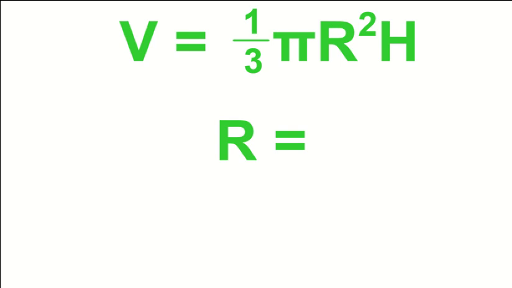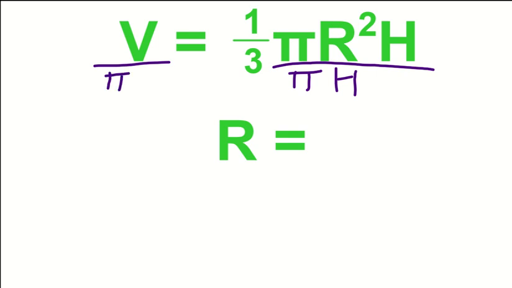All right, so everything else is being multiplied, right? So since everything's being multiplied, we're dividing by all the other stuff. We're going to do the easy parts first, or what I think is the easier parts. The pi and the height, okay? So if I divide by pi and the height, I divide by pi and the height. Cancels, cancels. Everybody go with that part.